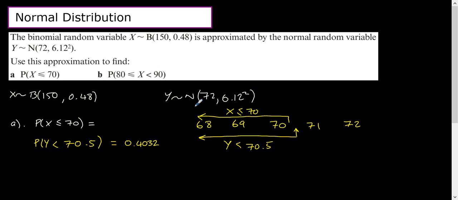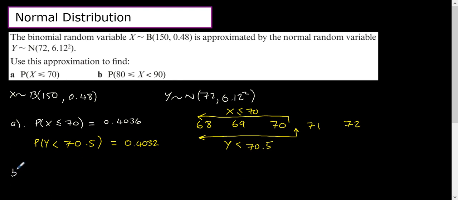And we get 0.4036. So you can see that this approximation is fairly close, right? It's actually the same value to 2 decimal places. It's only at the 3rd decimal place where things change. So it's very similar. And you can imagine if the number of trials increased and the probability got slightly closer to 0.5, then this accuracy would improve.